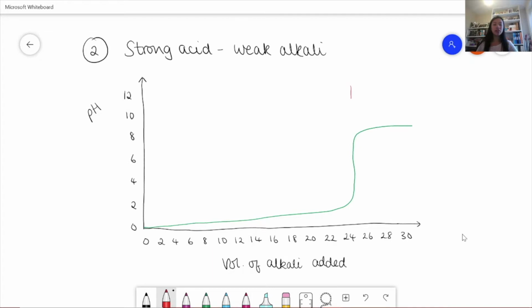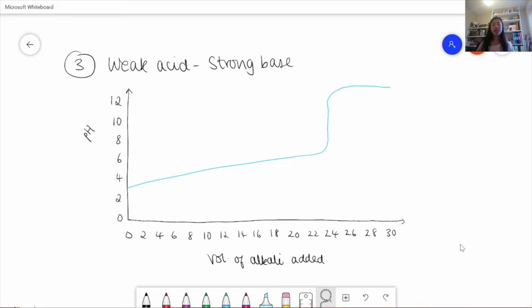And again, this is called the equivalence point. The curve ends off around a pH of 8, which indicates that it's a weak alkali that has been added.